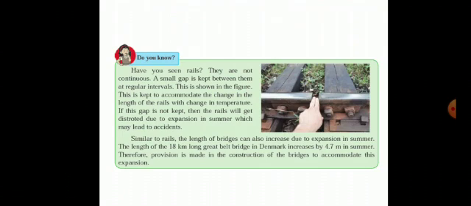In hot sunny days, the rail track expands due to increase in temperature, and if the gap has not been kept, what will happen? The rails will get distorted due to expansion, and that may lead to accidents. Therefore the provision is made in construction of railway track so as to accommodate this expansion.